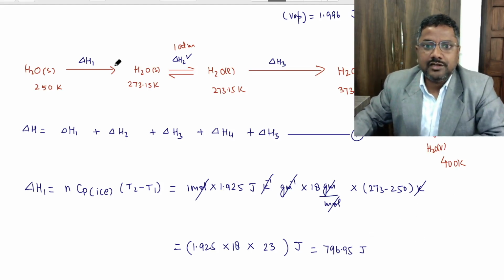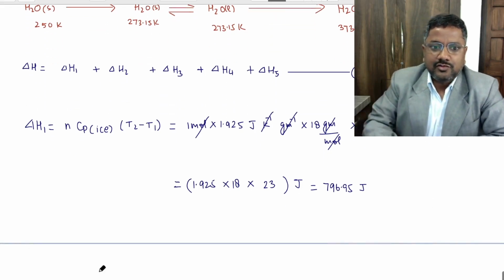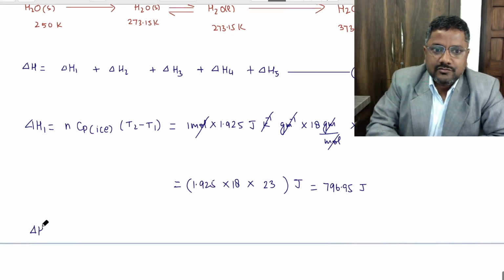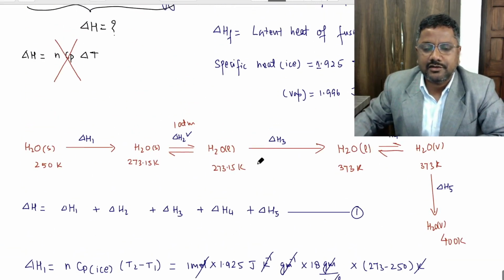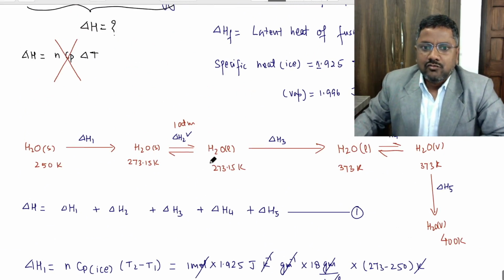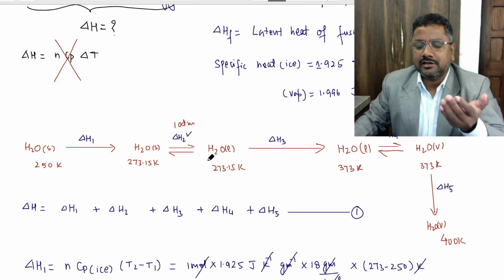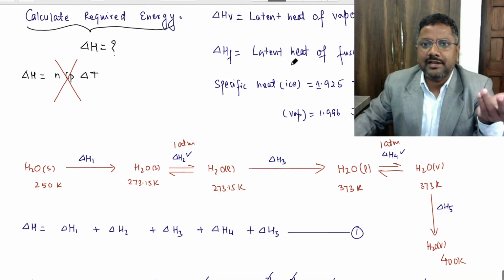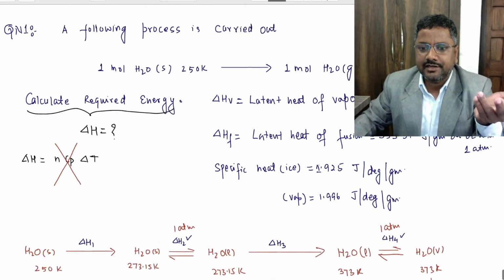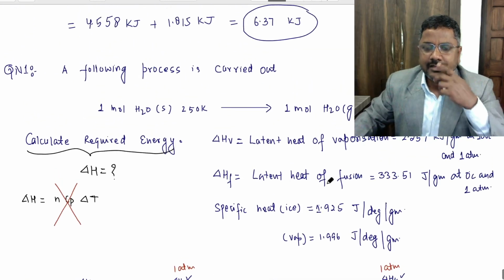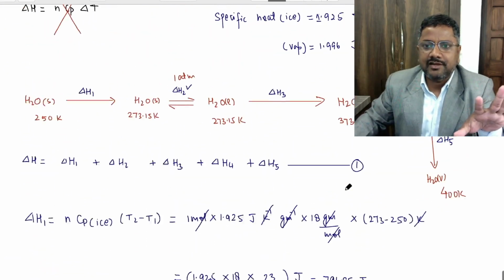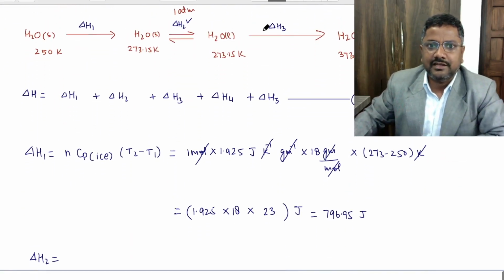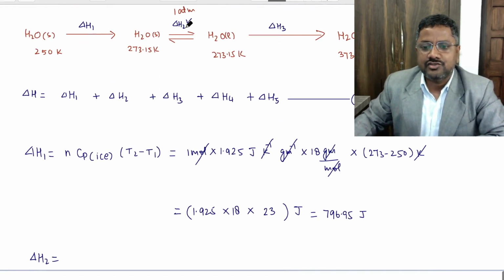Now come to delta H2. So delta H2, this is a fusion process, the conversion of solid to liquid. Whatever heat you are providing to the system is consumed to overcome the latent heat of fusion. This latent heat of fusion is given here. There is no rise in temperature. So this time delta H2 is basically the energy involved to change the phase.